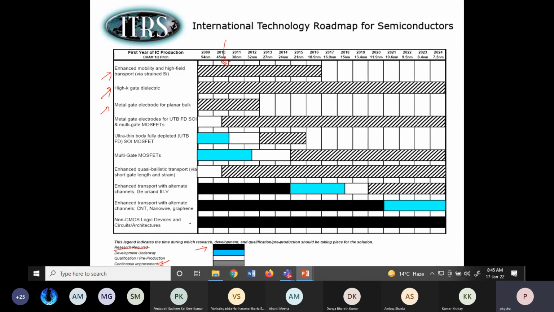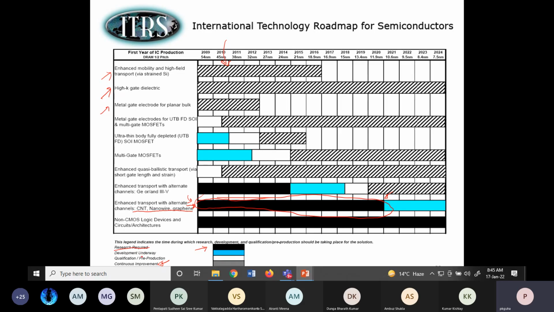I just want to point out here: carbon nanotube, nanowire, graphene. In 2008 they predicted that we need research till 2020, 2021 in these new materials and new nanostructures, so that the industry can take these nanostructures and nanomaterials later into their process line, right?